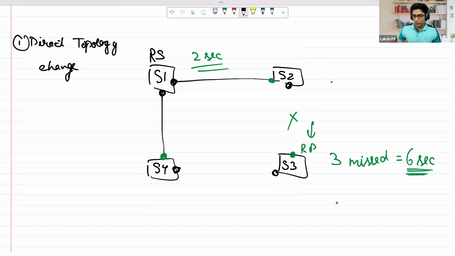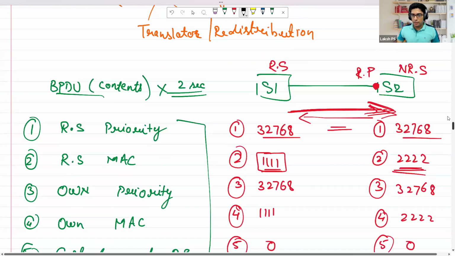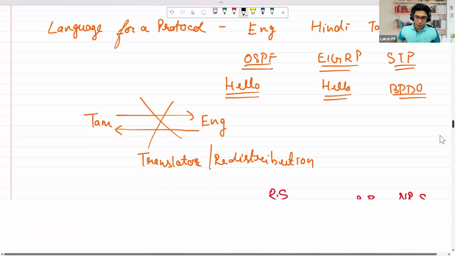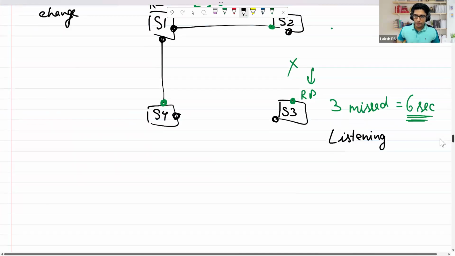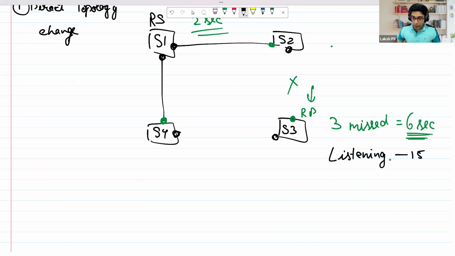When it unblocks this interface, it will first go to the listening state. As I said, I will be explaining these states in detail. That is what I'm going to do now. When it goes into the listening state, which is 15 seconds, it is basically listening. What is it listening to?